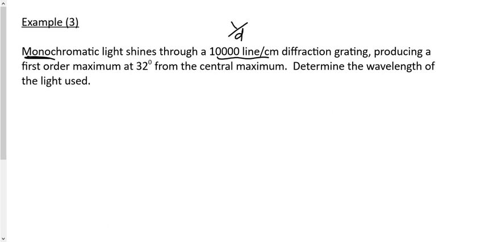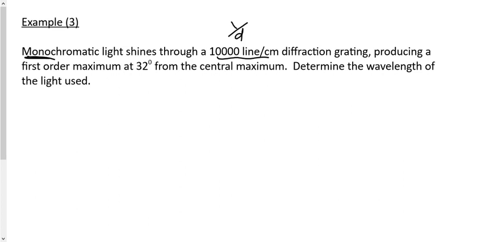Does that make sense? It's the inverse of d. It's not the centimeters between lines. It's the lines between centimeters. Now, we got 1,000 openings per centimeter versus 2 openings total. We end up getting effectively the same interference pattern. The mathematics is the same. You just have to recognize that the value you're given here is not little d, but rather it's 1 over little d. So from that, you're going to get little d, and then just do your thing, whatever we did for the last couple of questions.